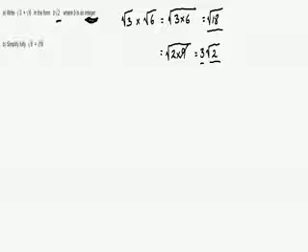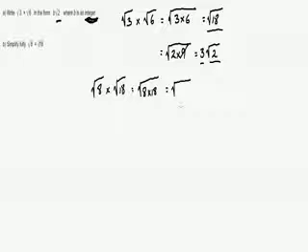So if we look at b, so we have root 8 times root 18, then that's the same as the root of 8 times 18. So that will give us the root.